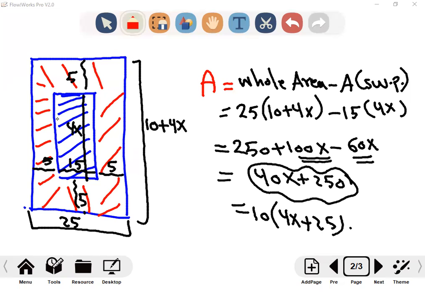They want us to find the red walkway, right? So this is 5, this is 15, this is 5. So the whole here is 25. And here the whole is 5 with 4x with 5. So the whole is what? Add them. Now, the whole area minus the area of the swimming pool. So watch this video again so you understand it more, okay?